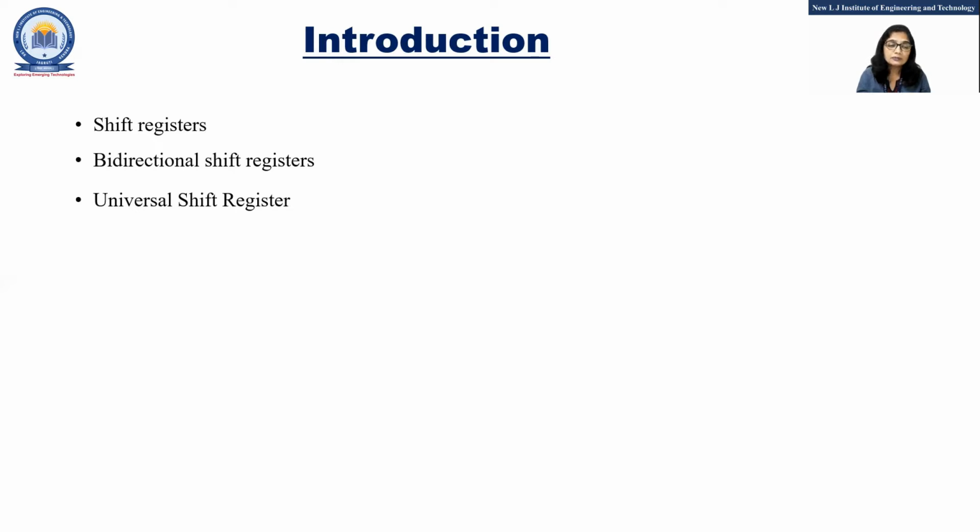So all these configurations we can use in this universal shift register. I mean, in one circuit, all these functions can be performed. So this is known as universal shift register.